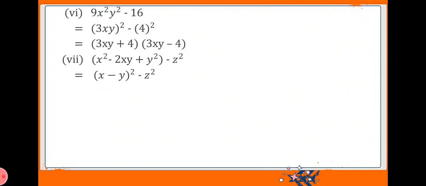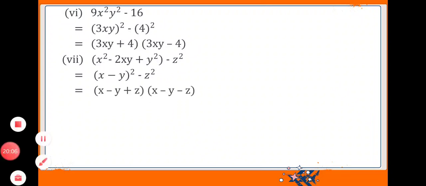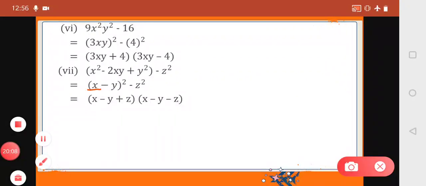Now again we can see that our first term is (x minus y) square, which is the perfect square of x minus y, and the second term, z square, is the perfect square of z. So one time we will add and one time we will subtract. So equal to x minus y, this x minus y as it is, and first time we will add z.